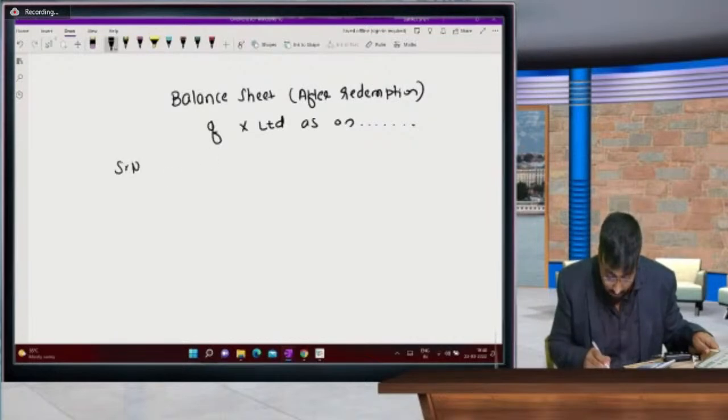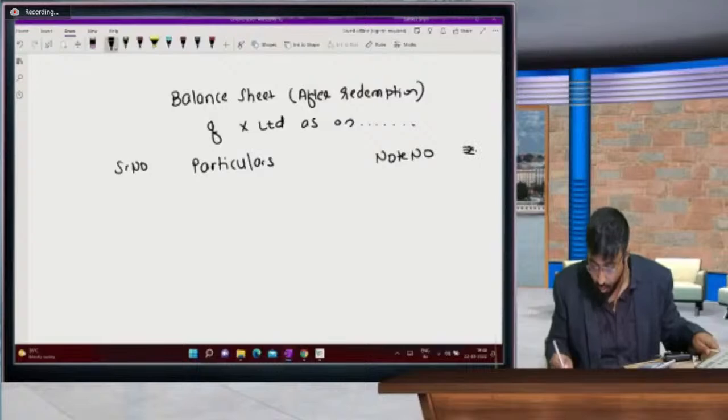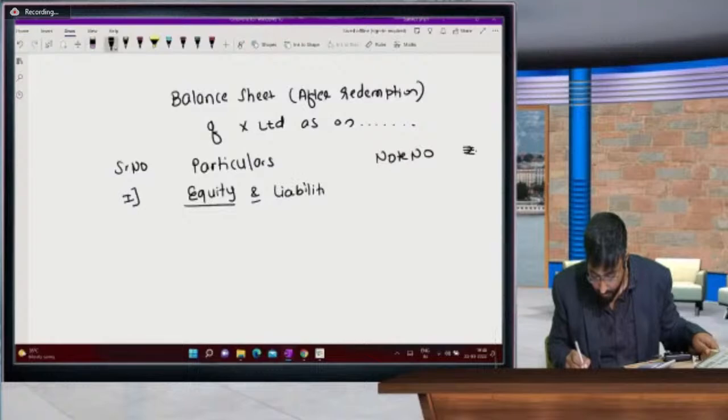Serial number, particulars, note number, rupees. 1. Equity and liabilities.